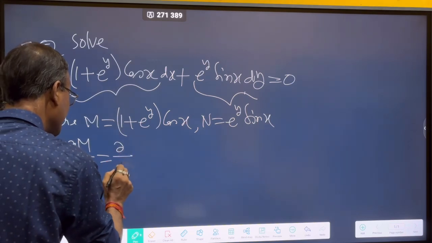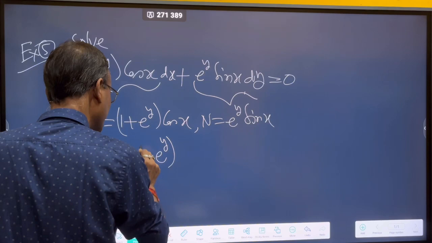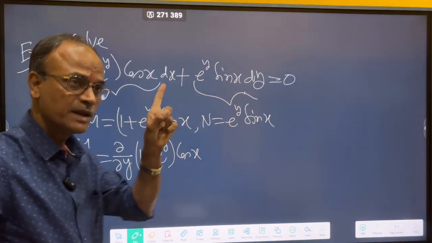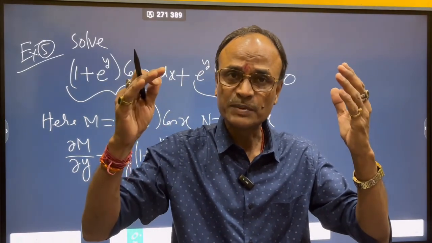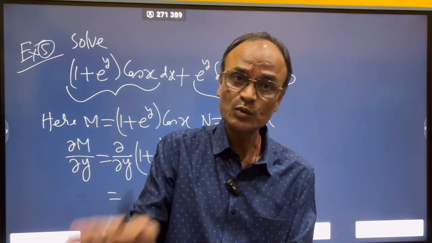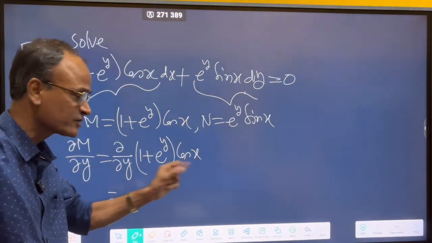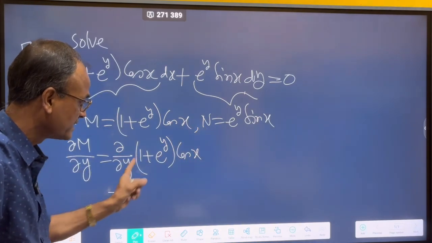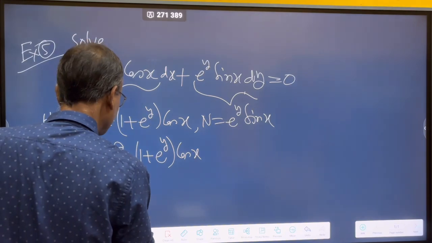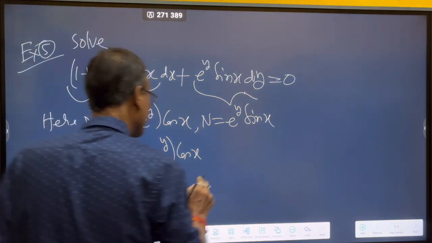Del M by del y is del by del y of (1 plus e to the power y cos x). If you are differentiating a function of x and y partially with respect to y, you should treat the other variable as constant. Treat cos x as constant. Differentiating, it will be 0 plus e to the power y. Obviously, it will be e to the power y cos x.